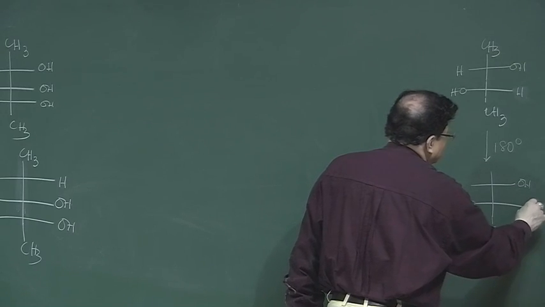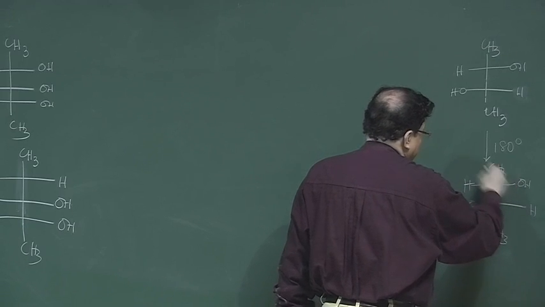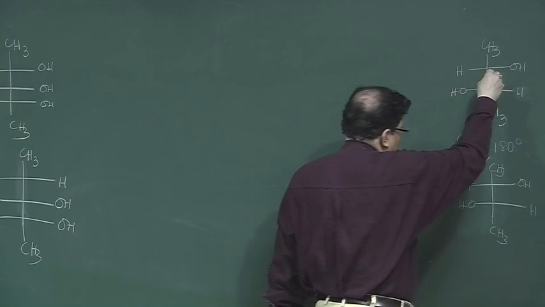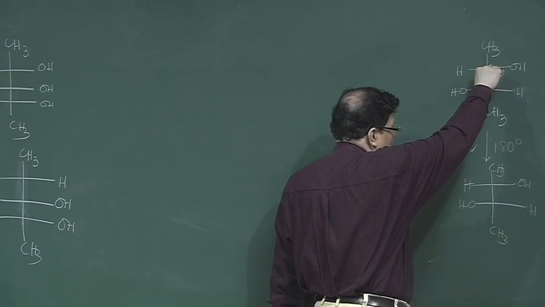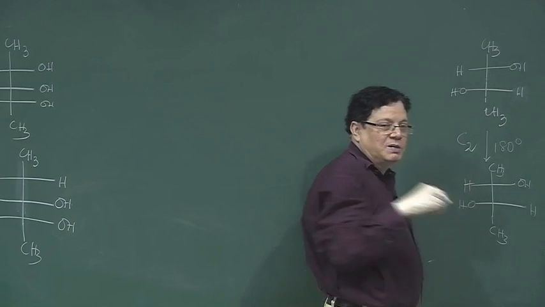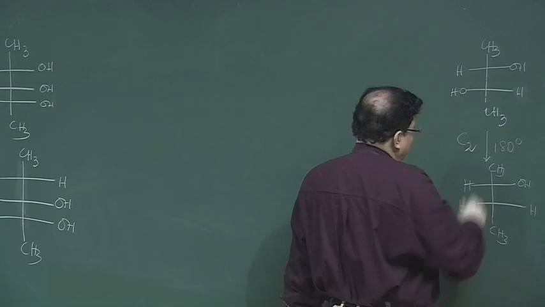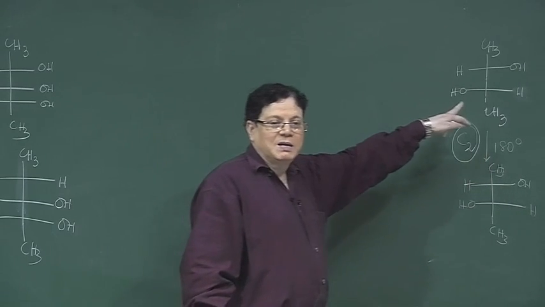So, this molecule has a C2 symmetry going through this point, perpendicular to the plane of the board. You rotate it by 180 degrees, which is allowed in Fischer projection, you get the same molecule. So, it has C2 symmetry, but it is optically active.